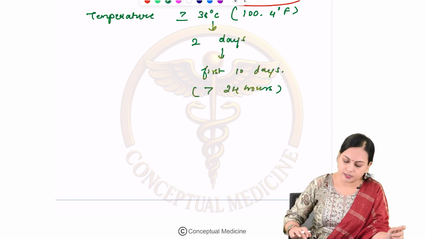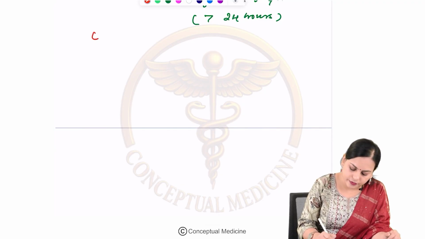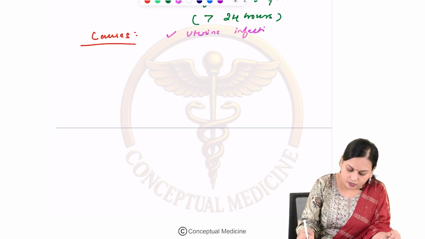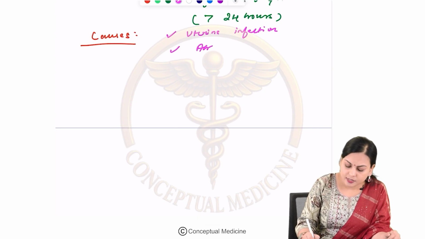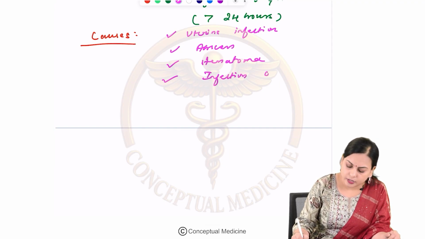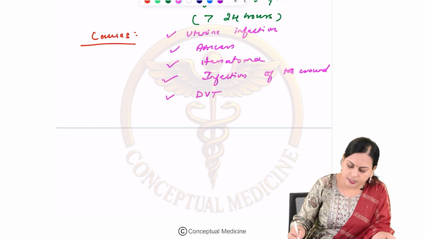Clear? Right. So, what are the causes of puerperal fever or pyrexia? The causes you have to rule out include uterine infection, there can be abscesses or hematomas, or there can be infection of the wound, maybe an episiotomy wound or a cesarean section wound, or there can be DVT.